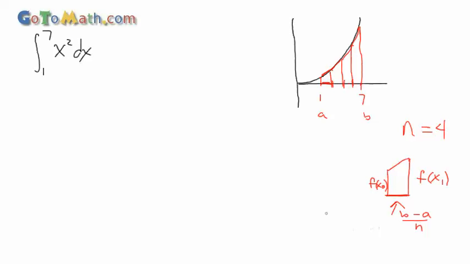Now what you might see in a textbook is, for example, this side's A, this side's B, and this side is H, let's say.